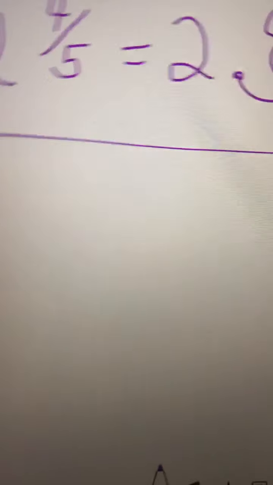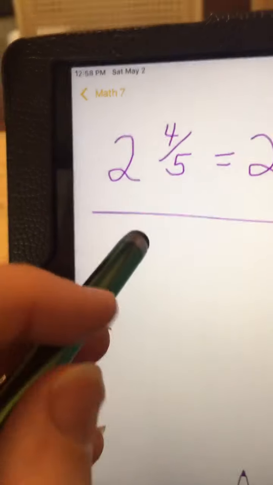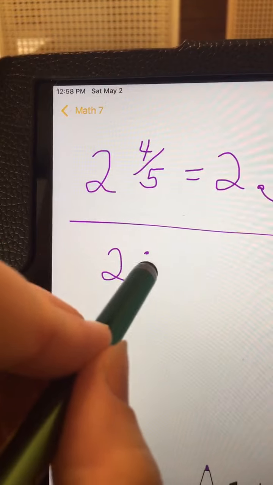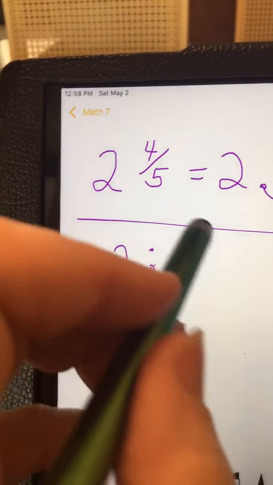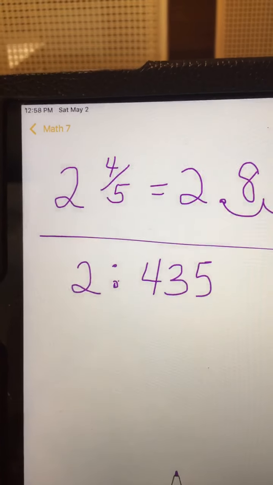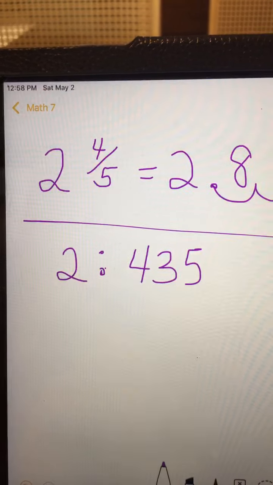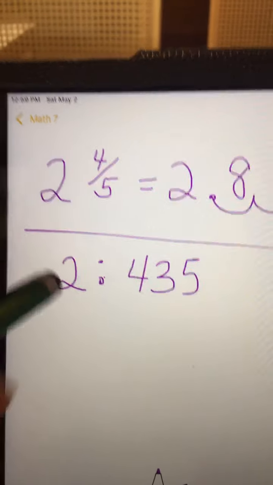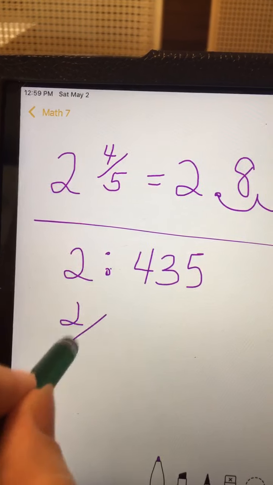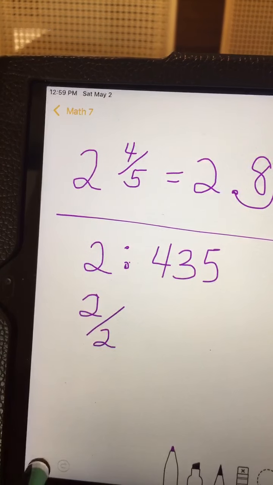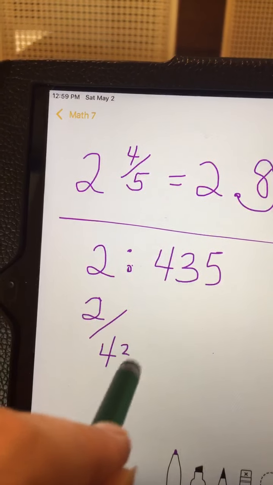Okay, so let's go back to our screen. So if Idaho has 2 members out of the 435, there's our ratio. That's also our fraction, right? We can write a ratio as a fraction, 2 out of 435.